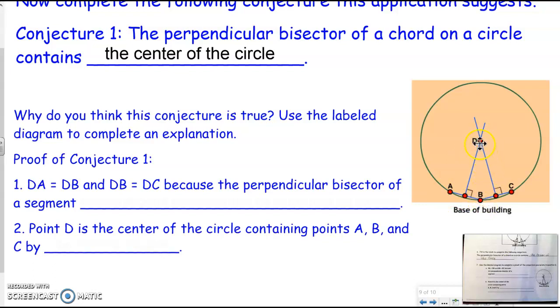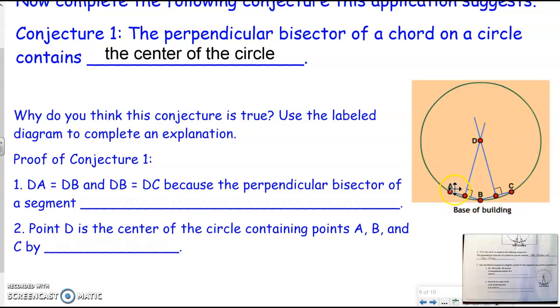So DA and DB are going to be congruent to each other. And then DB and DC are also going to be congruent to each other because, again, any point on the perpendicular bisector is equidistant to the endpoints, and we've proven that before.